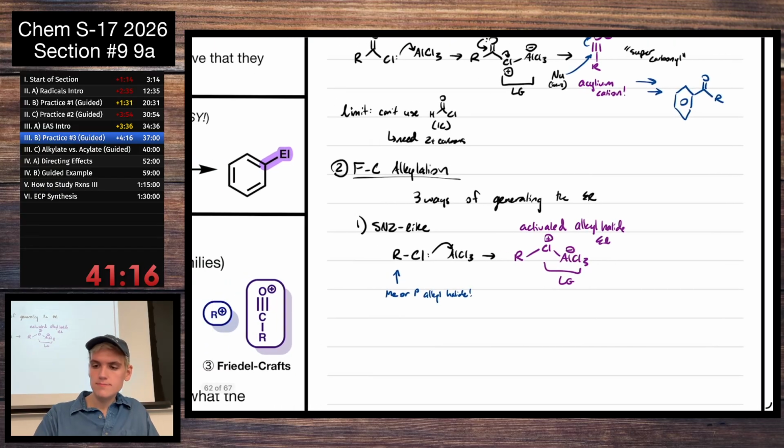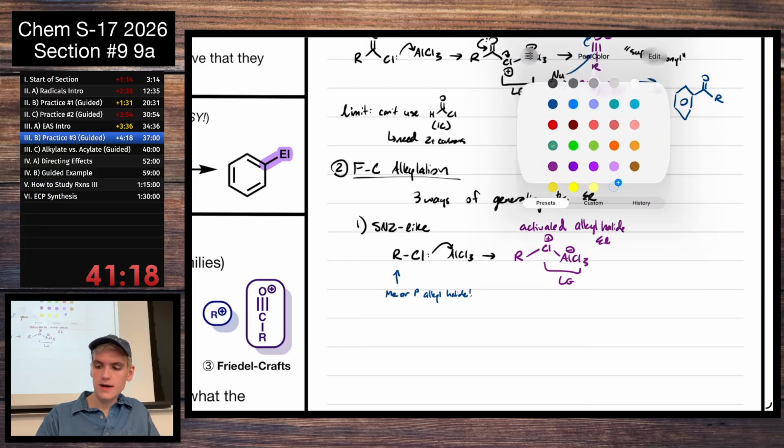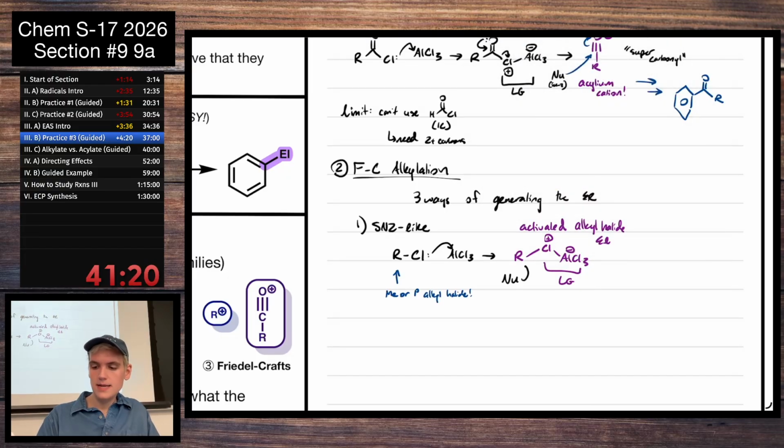At this point, a benzene nucleophile can come in and literally just do an SN2 style attack. So bloop, bloop. And again, I'm just using nu here for benzene because the thing that we care about is how we make the electrophile.